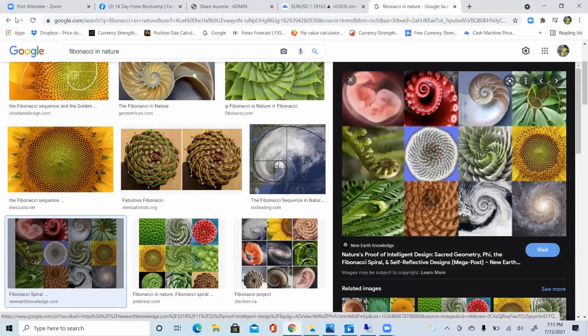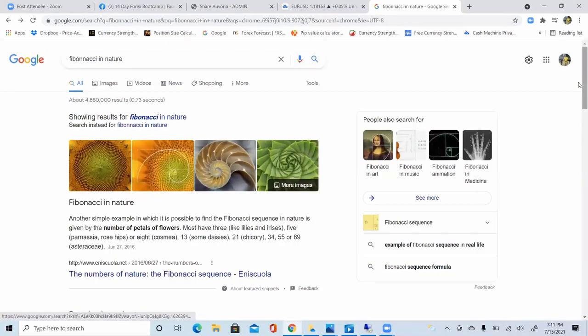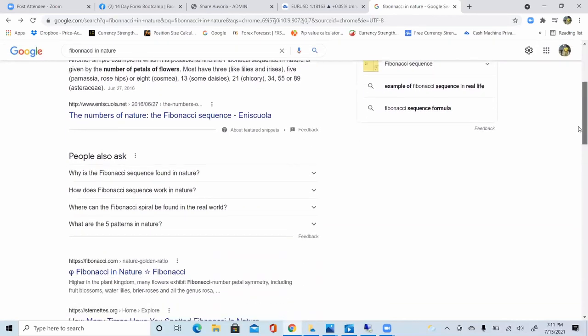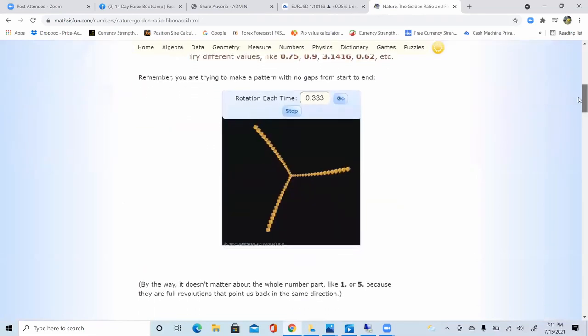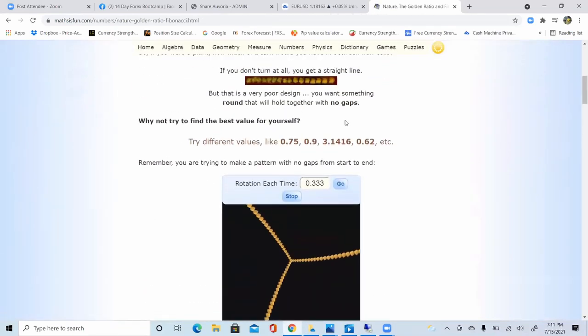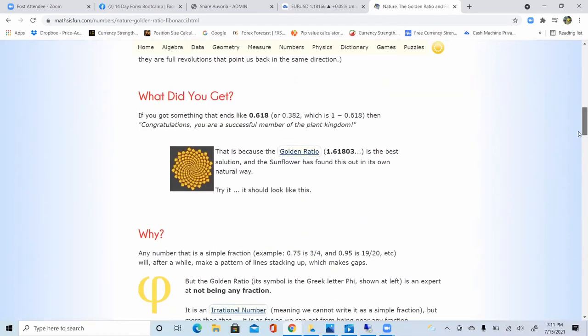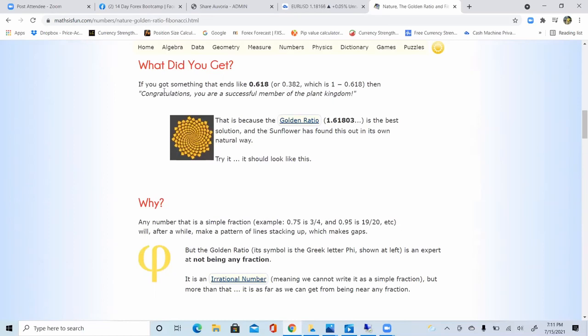Let me go back and show you what the Fibonacci actually is. So let's see right here. So you see there's different values, there's different number values. And the main one being the golden ratio, which is 61.8, or the reverse, 38.2. Those look familiar because when you use a Fibonacci tool, those are the two main ones that are on any Fibonacci tool.